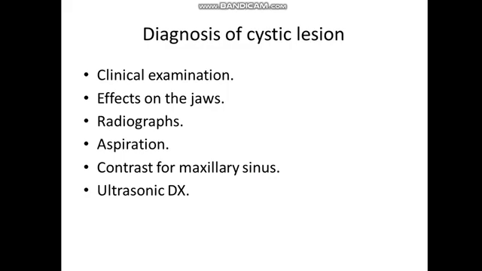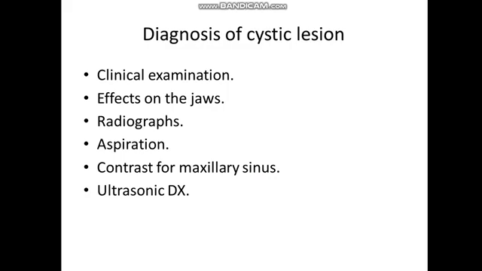Also effects on the jaws, whether there is loosening of the teeth, drifting, devitalization, discoloration, anesthesia or paresthesia, all of these may indicate there is a cystic lesion of the jaw.